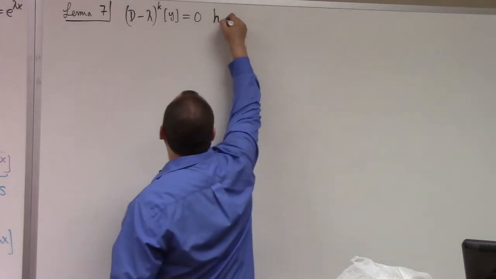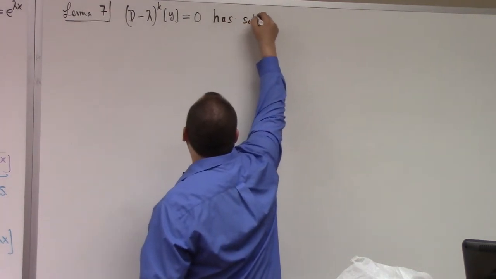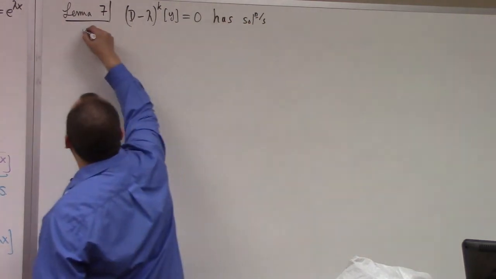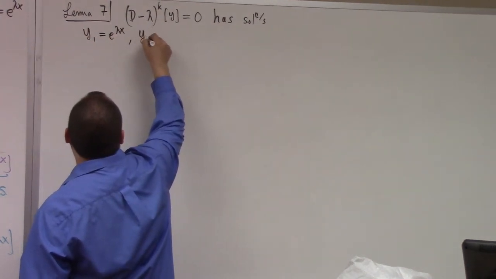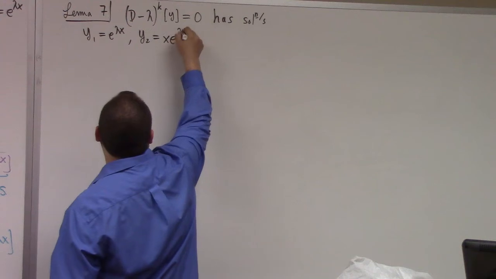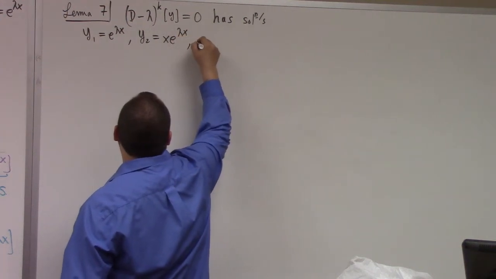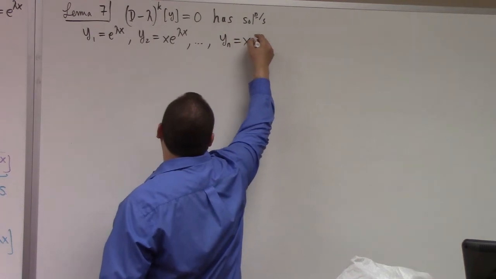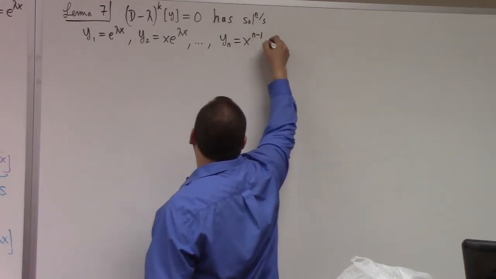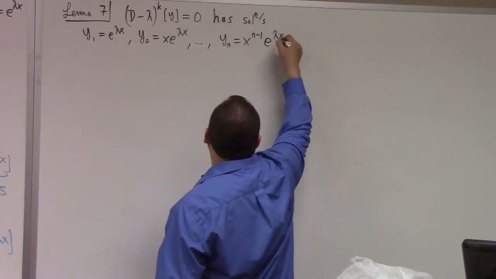This has solutions y1 equals e to the lambda x, y2 equals x e to the lambda x, and so on down the line, yn equals x to the n minus 1 e to the lambda x.